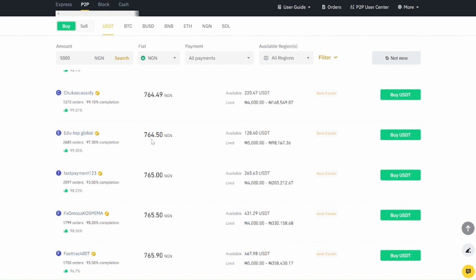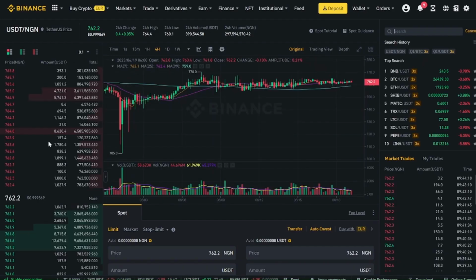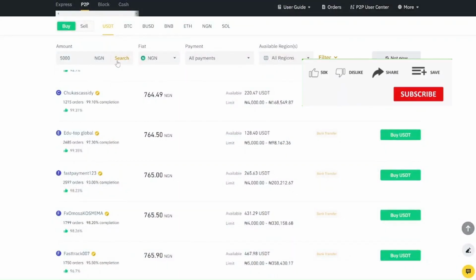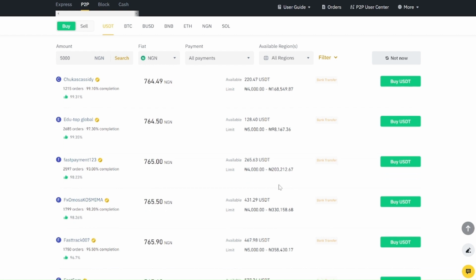Remember, this price is trading at 762.20. And because these guys are buying just 5,000, you see these guys over here, he has from 5,000 to now 98,000. And this guy has from 4,000 to 203,000.